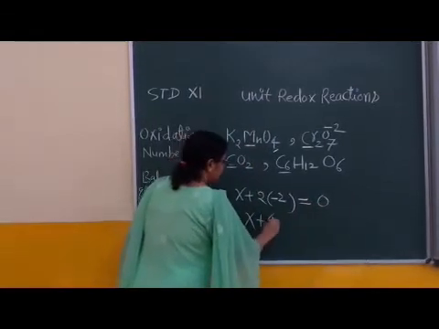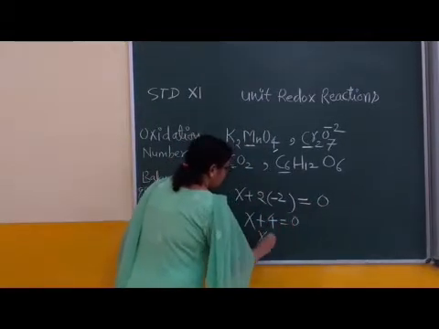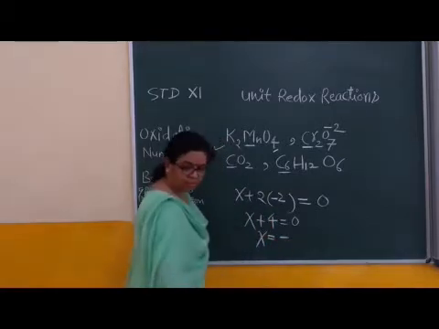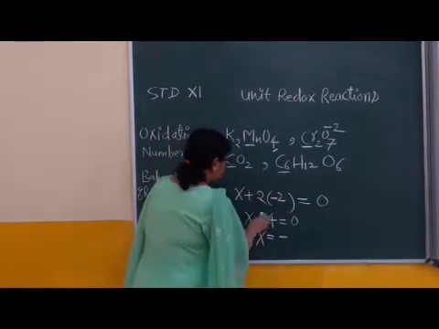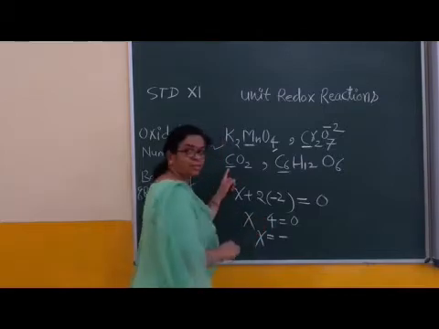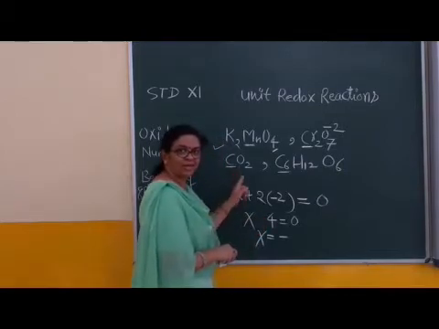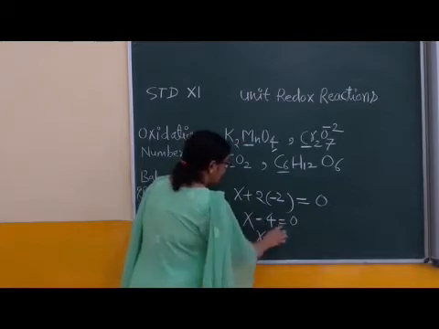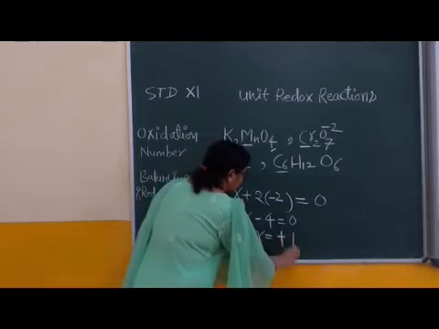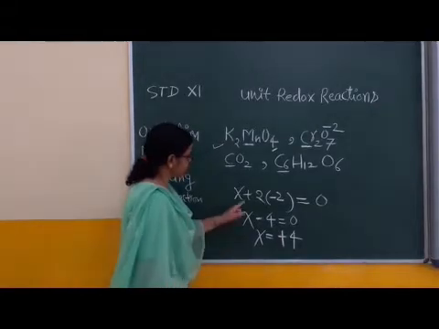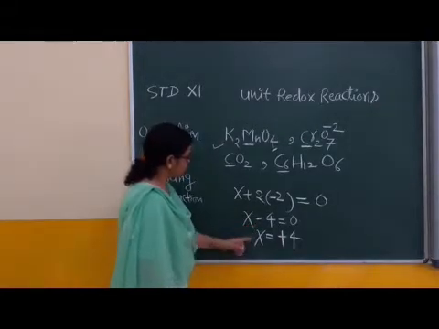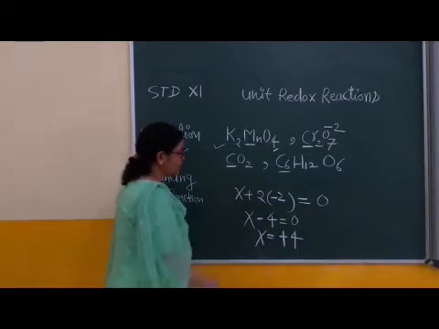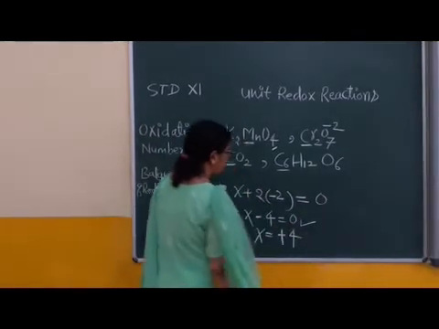X plus (-4) is equal to 0, so X is equal to +4. Carbon is positively charged because O is more electronegative. You can verify this answer: the oxidation number of carbon is +4, and +4 -4 is equal to 0.